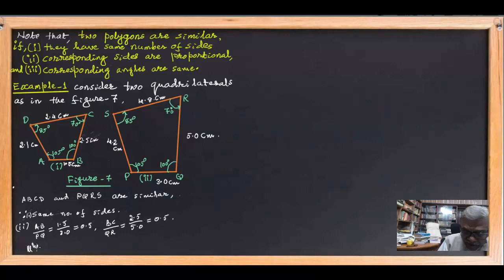Similarly, we can prove that CD by RS equals DA by SP equals 0.5 only, and therefore the two quadrilaterals are similar.